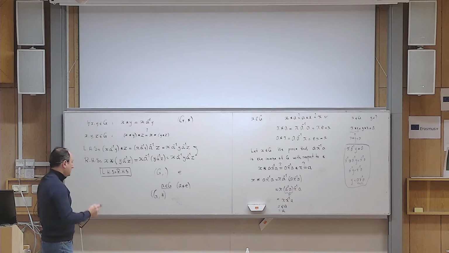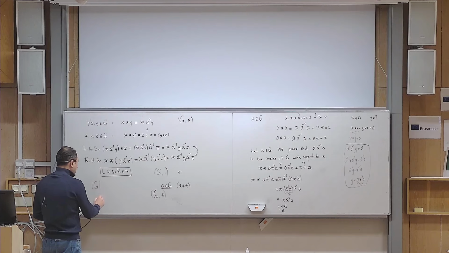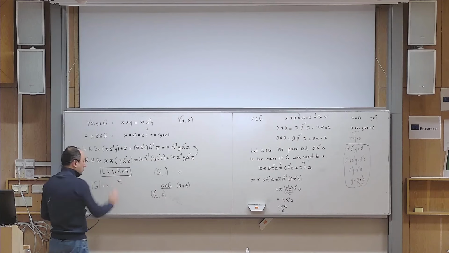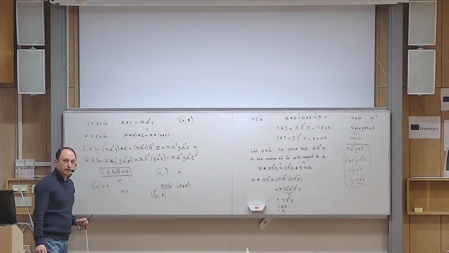So let us say that I have a group of finite order. So let us say that the number of elements is n. Of course, one of these is just the identity element. There are n minus one more elements in the group.